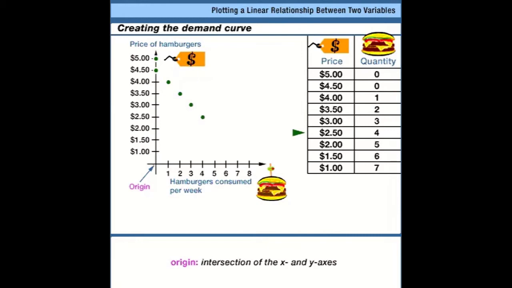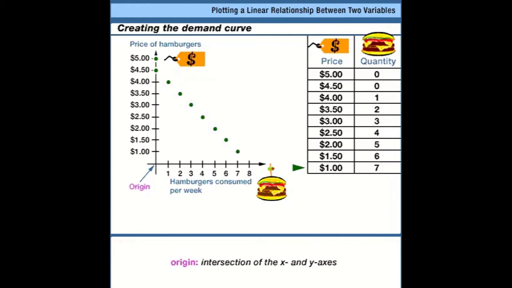In each case, I'm finding a pair of numbers like $2 and 5 hamburgers, and I'm putting a dot at the horizontal vertical coordinates. 6 hamburgers at $1.50, so find the $1.50 point, and 6 hamburgers, put a dot there. And finally, we get 7 hamburgers when the price drops down to $1. And that gives us a point like this.